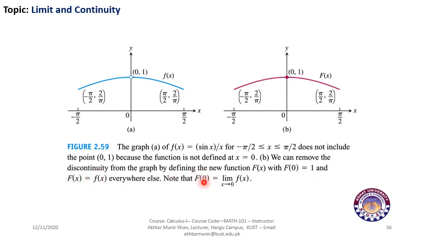Note that F of 0 is now equal to the limit as x approaches 0 of f of x. That is the limiting value, which is 1, which we have added to the old function, and that will fill this gap. Such discontinuities are called removable discontinuities.